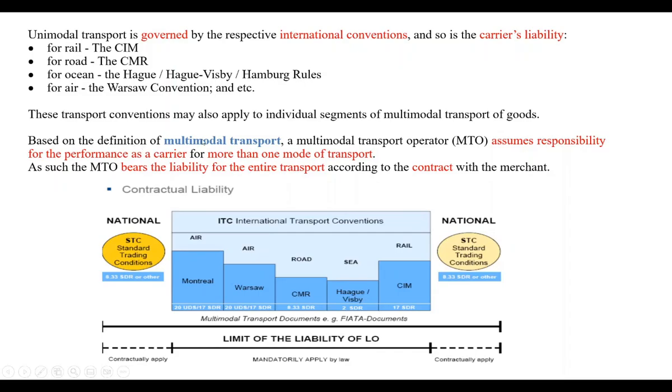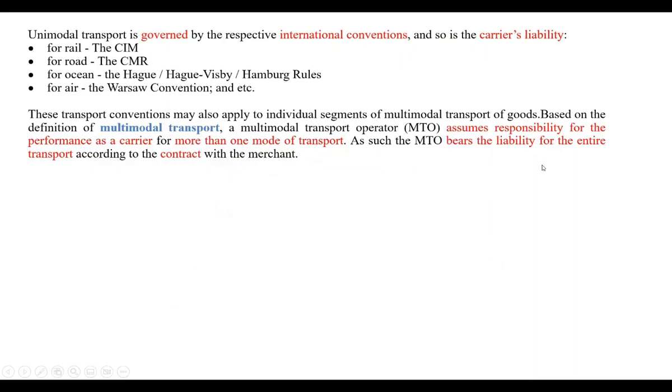So based on the definition of multimodal transport, a multimodal transport operator assumes responsibility for the performance as a carrier for more than one mode of transport. And as such, the multimodal transport operator bears the liability for the entire transport according to the contract with its merchant or customer.